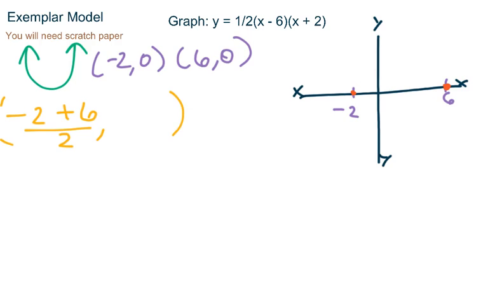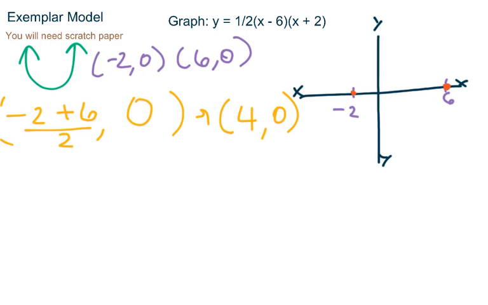Okay? And then we know that 0 plus 0 divided by 2 is going to be 0. So we already know that our point is going to lay on our x-axis. Well, what is negative 2 plus 6 divided by 2? 4, 0.